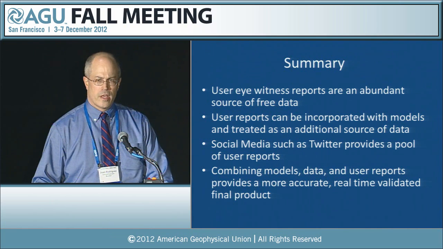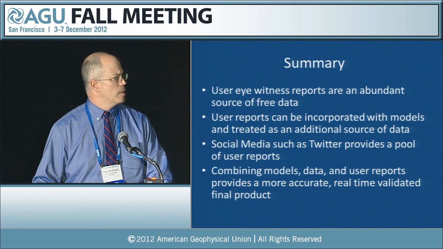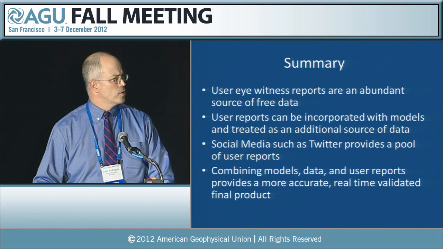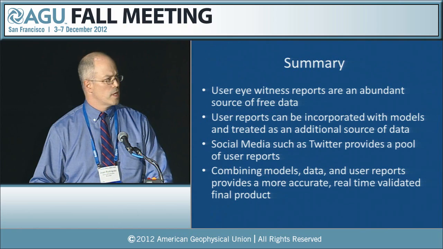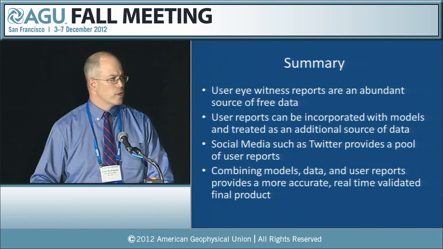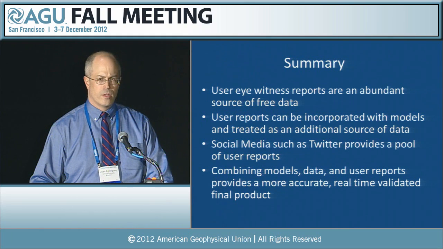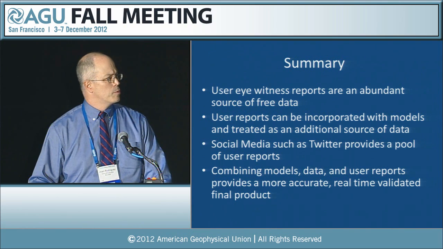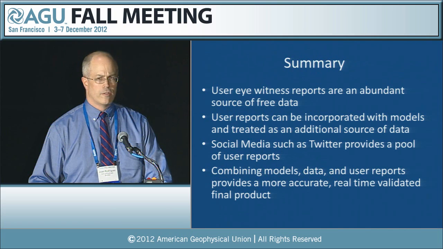We'd like to harness that energy, that interest in the public, by incorporating their reports with our science models, and treat these reports as an additional source of data. We think social media, such as Twitter, provides a very useful pool of user reports. And ultimately, combining models, data, and user reports will provide a more accurate, real-time validated final product.